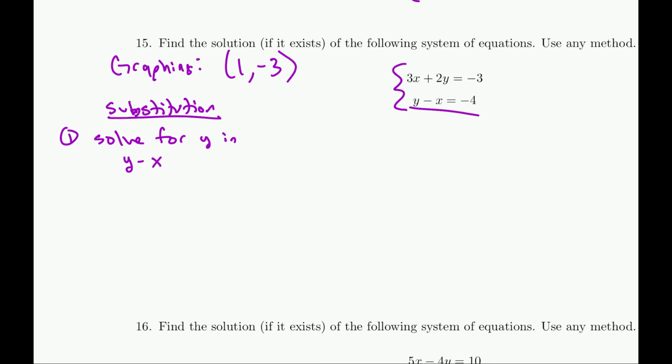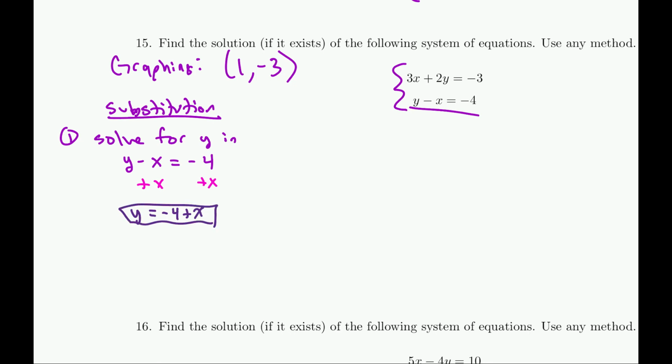The reason I'm going to do that is it looks very easy, right? If I'm trying to solve that for y, I just add x, and I get y equals -4 plus x. So I've got this solved for y now.